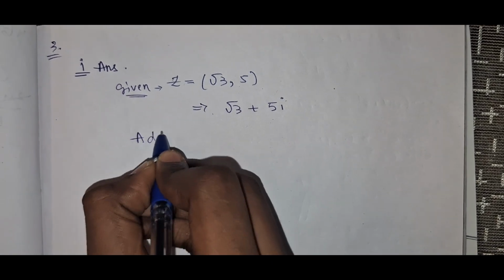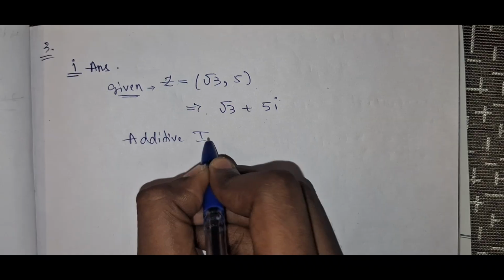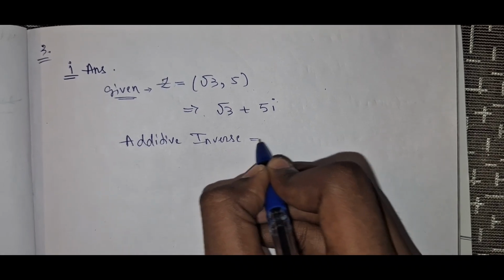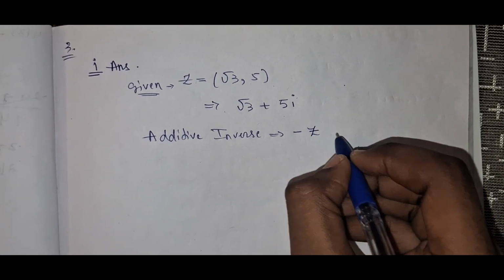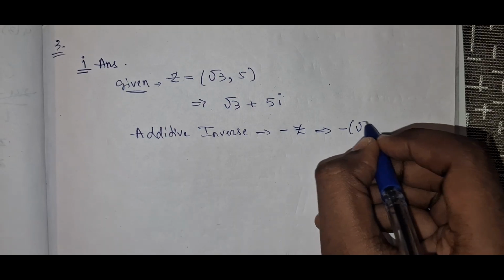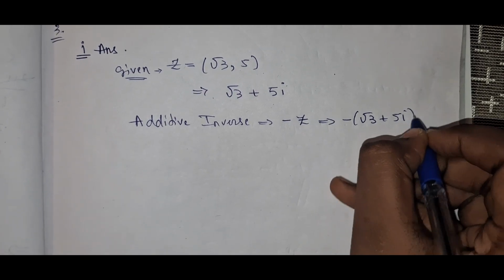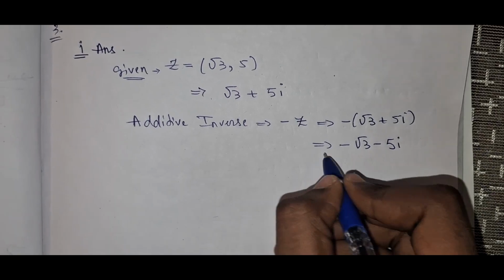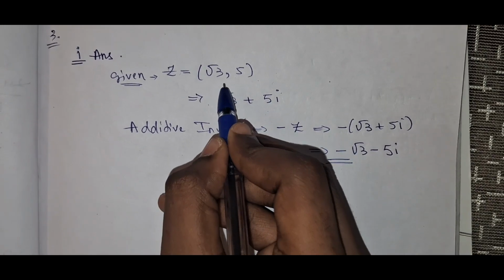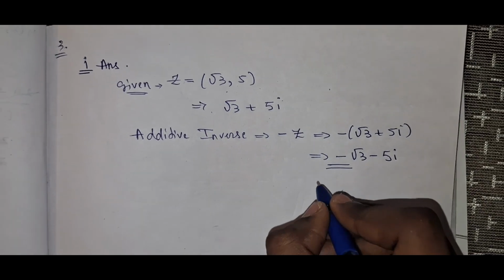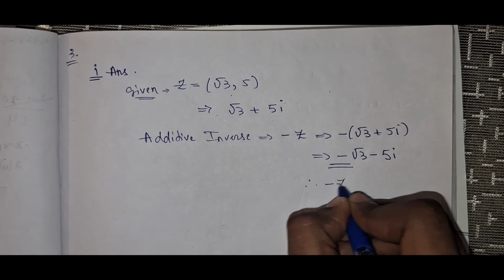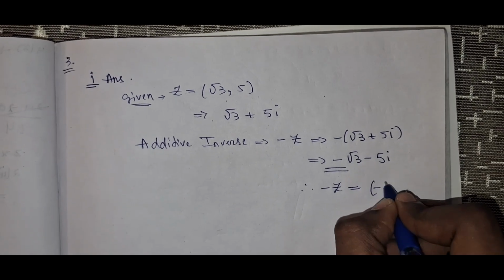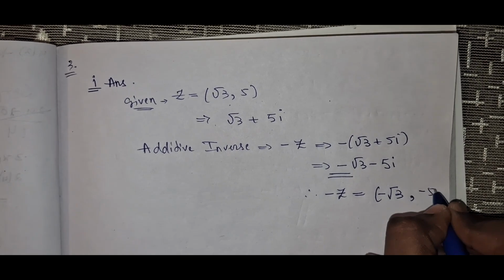Additive inverse is nothing but minus of z. So minus of root 3 plus 5i, which is equal to minus root 3 minus 5i. This is the additive inverse. As the question is given in points, we will write in terms of points only. Therefore additive inverse, that is minus z, is equal to (-root 3, -5).